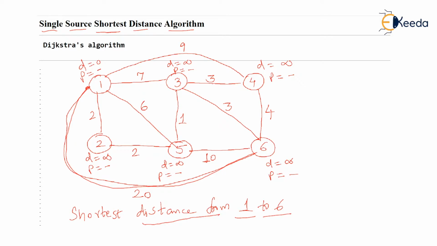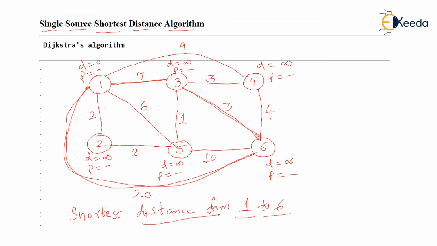For example, if you watch 1 to 3, as I am drawing 1 to 3 and 3 to 6, there is a path. So you can go from 1 to 6 via vertex 3. So the total distance will be 10, which is smaller than 20. But that's not necessarily the shortest distance, because there might be some other path which will give a distance shorter than 10.